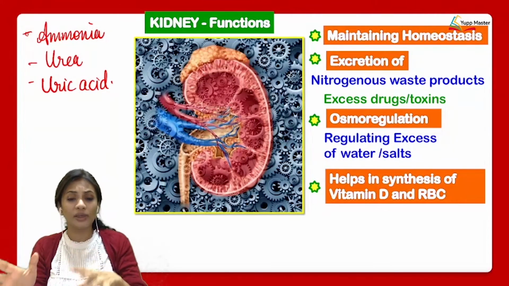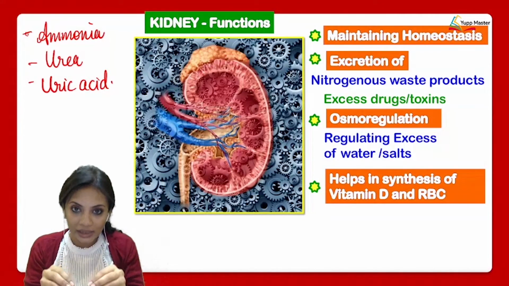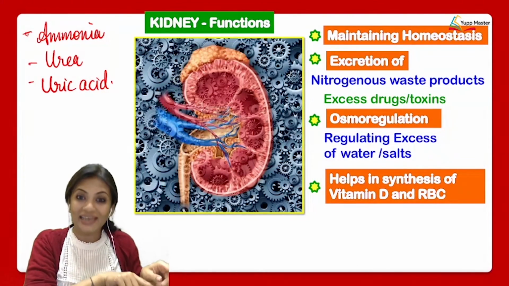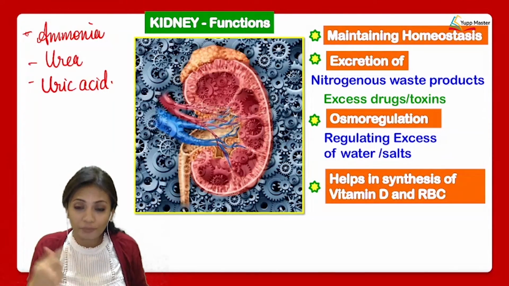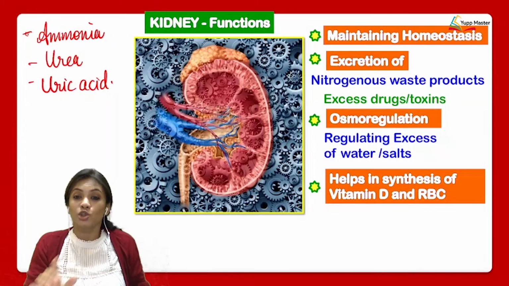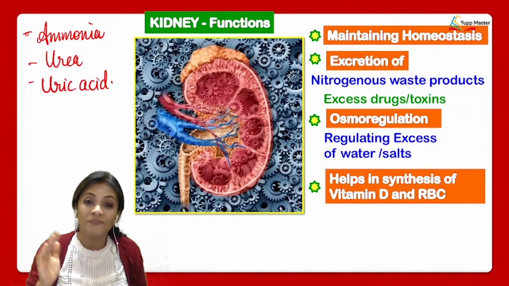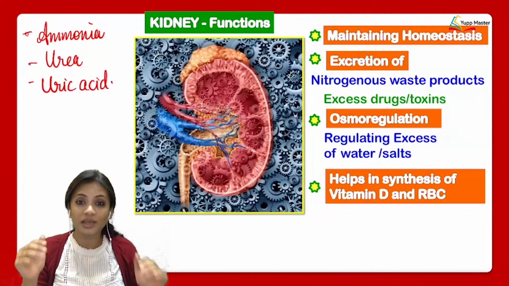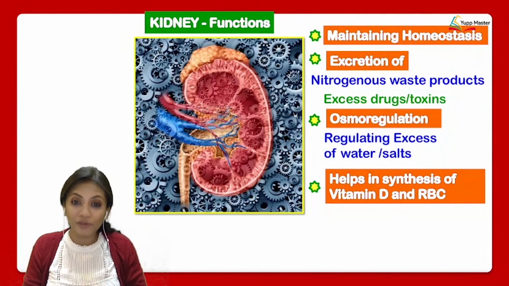So the kidney is going to be producing or secreting a hormone. From the kidney, that hormone will go to the red bone marrow and tell it to start producing RBCs. Okay, so without a green signal coming from the kidney, the bone marrow will not be able to produce RBCs. And what is the name of that hormone coming from the kidney?